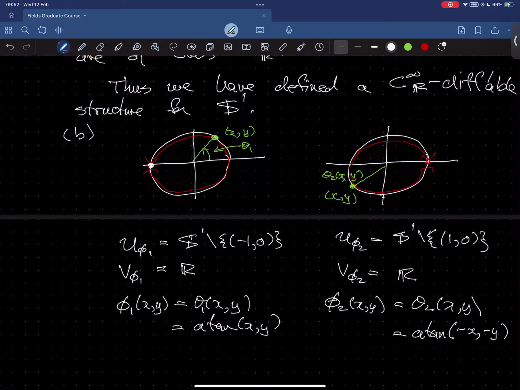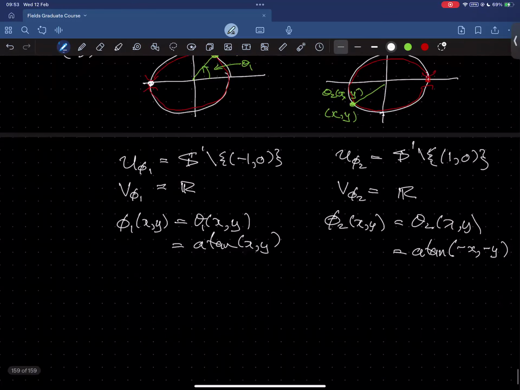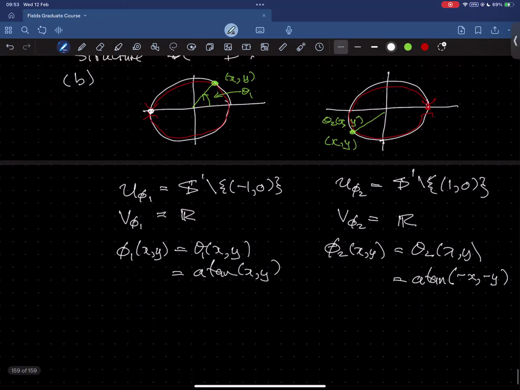All right. And the way you can see that it has to be minus X minus Y is this angle here will be the same as this angle here, okay? And this point is minus X minus Y, okay? All right, good. So this is all kind of elementary, kind of high school, circles and triangles and stuff like that.